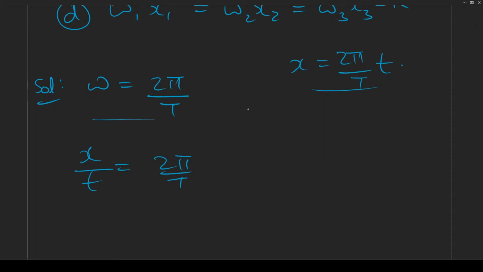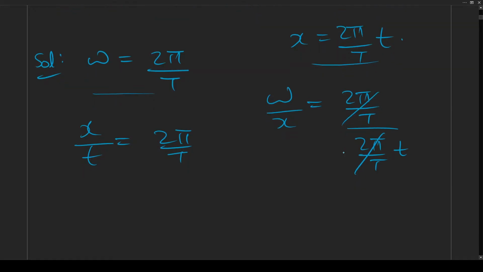Now let's divide them. We will get omega by x is equal to 2 pi by t divided by 2 pi by t times t. You will get omega by x is equal to 1 by t.